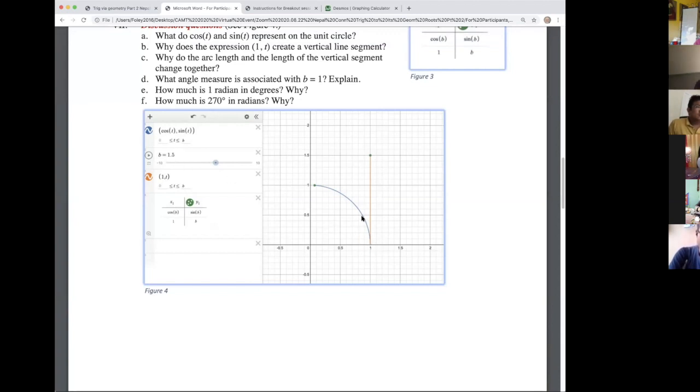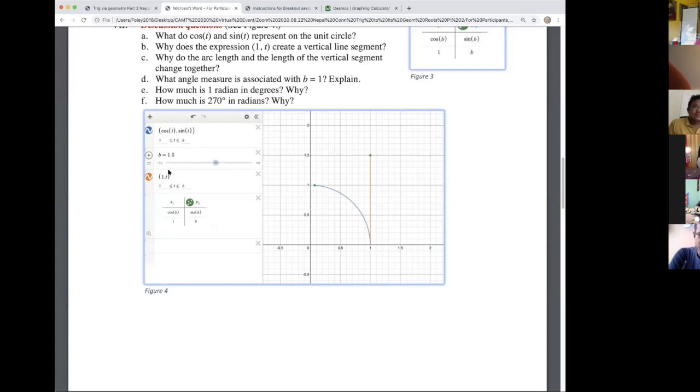So from 0 to 1.5, we're getting all of the points on the unit circle that have radian measure from 0 through a radian measure of 1.5.